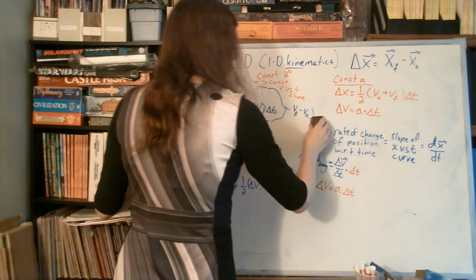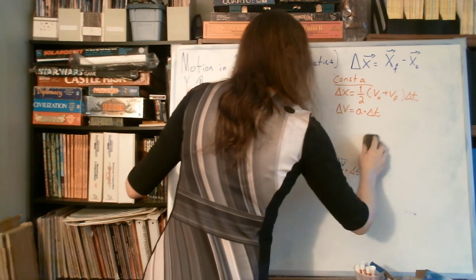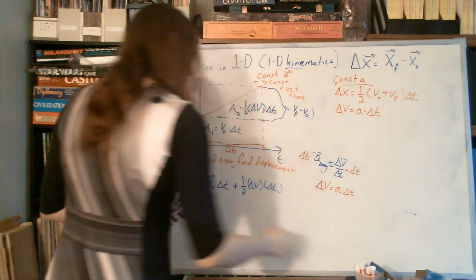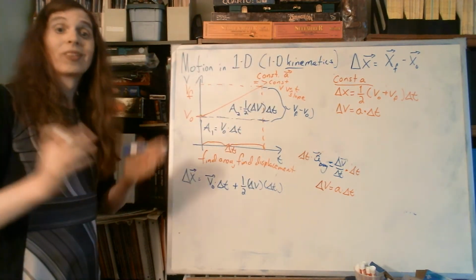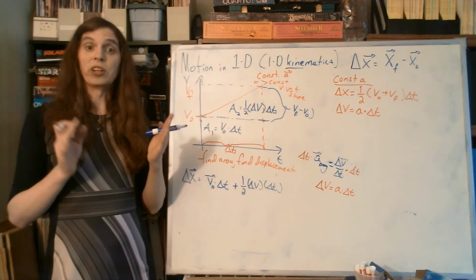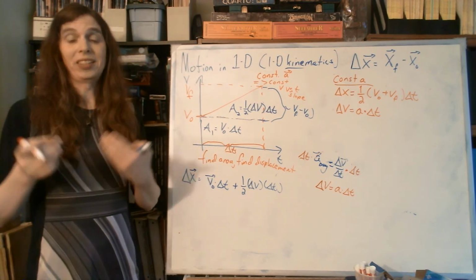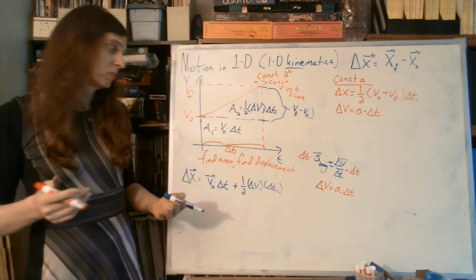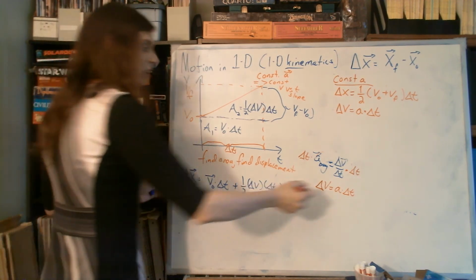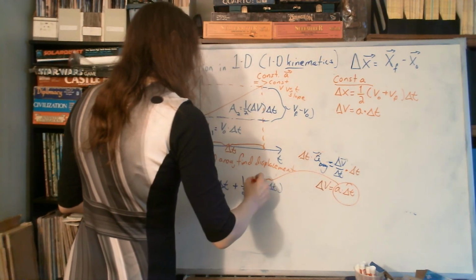Well, we want to know how far something goes when it accelerates, and we want to be able to know that if we know the acceleration, then maybe we could take this and substitute that in here.